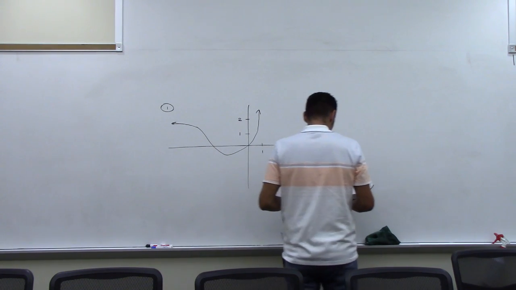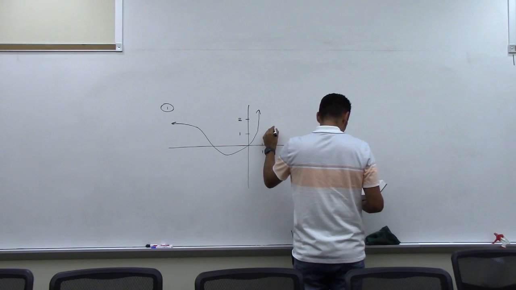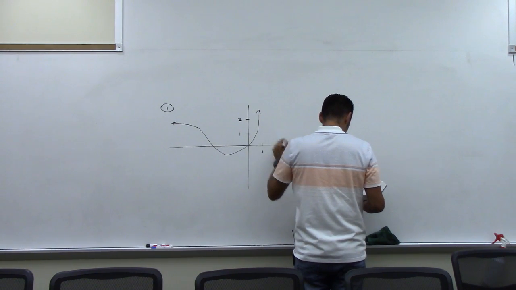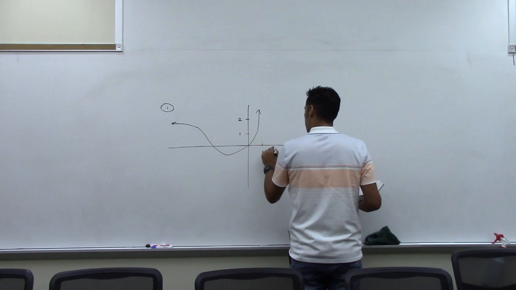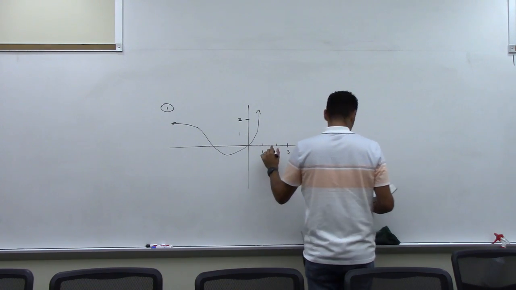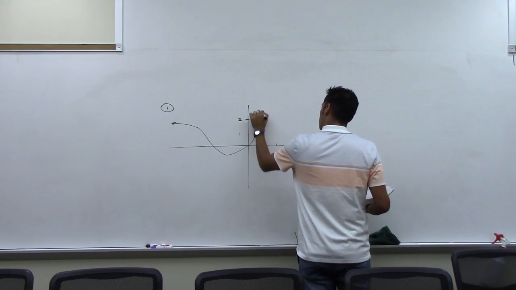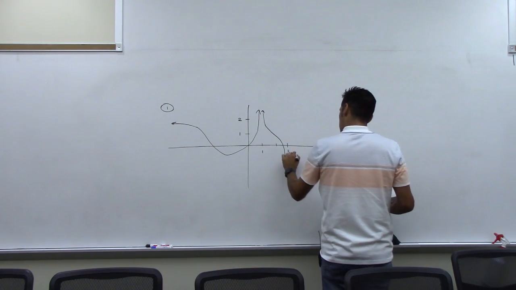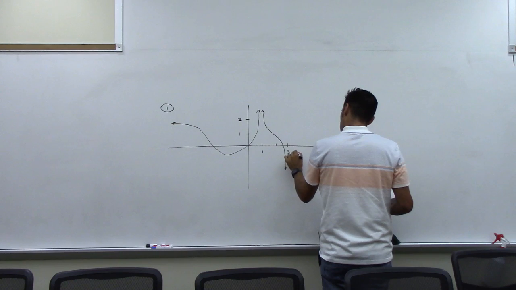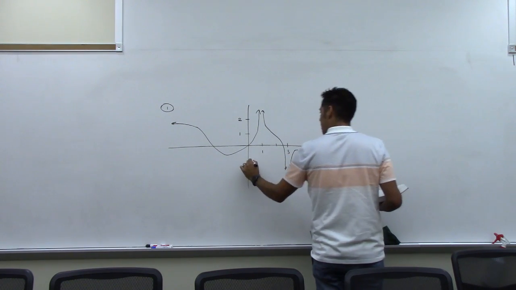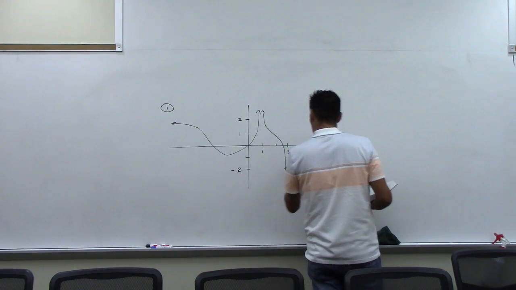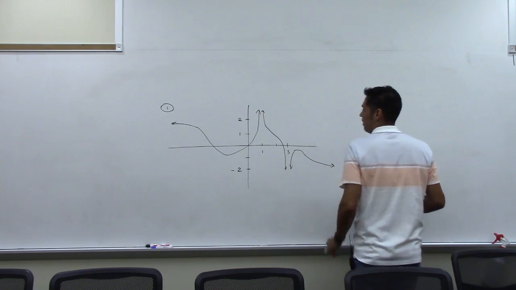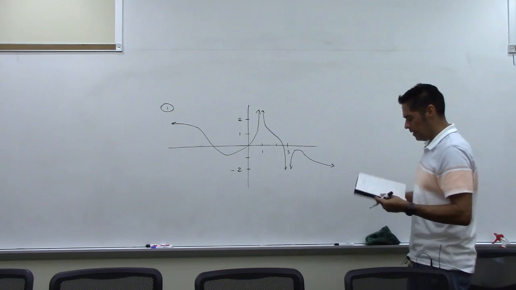And on this side, goes up, 1, 2, 3. This side it goes up, comes down like this. Then over here, like this. All right, that's my best drawing of it.